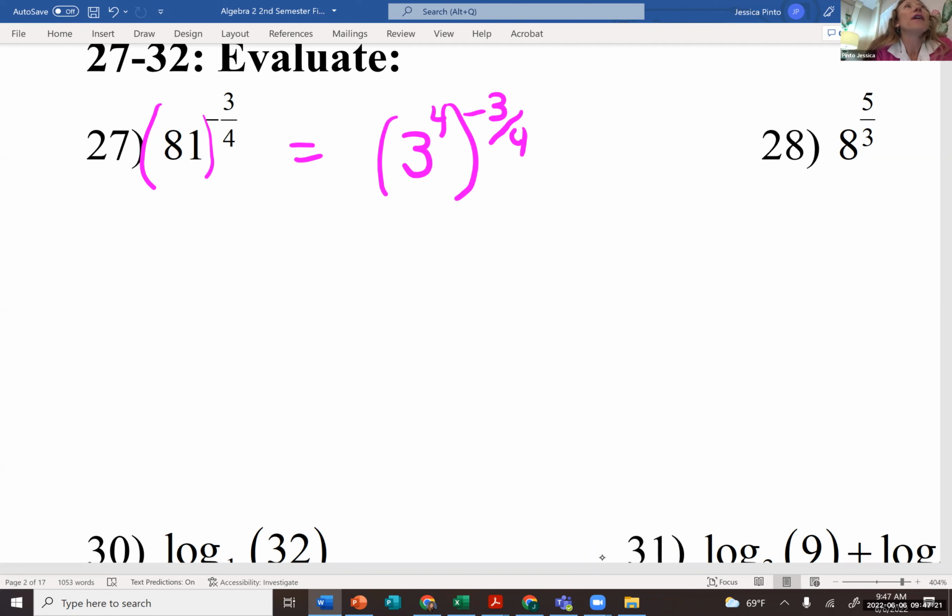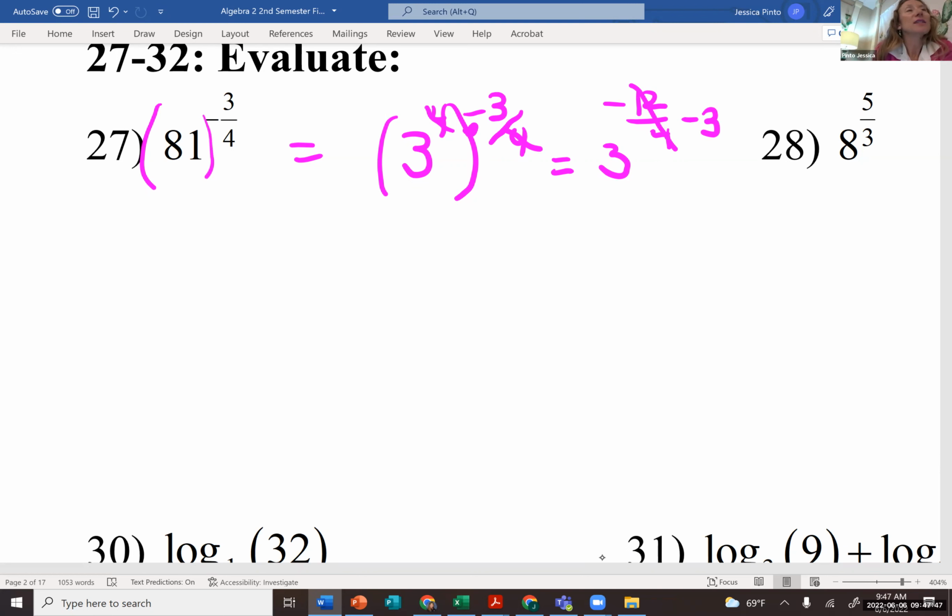What we like about this is the rule is that we can multiply the power to a power. So that gives me 3 to the -12/4 power when I multiply them. Or you could cross cancel right away and just say that it's -3 power.